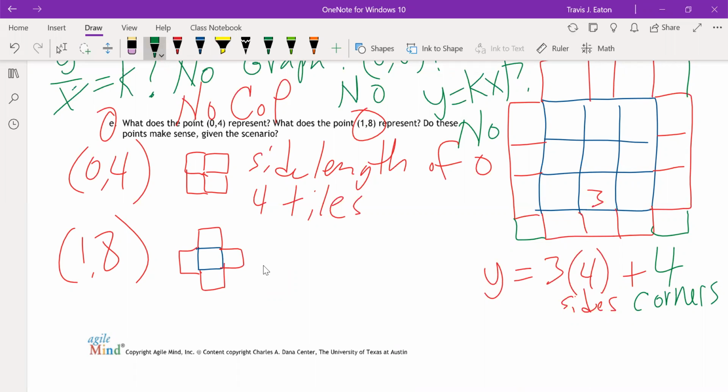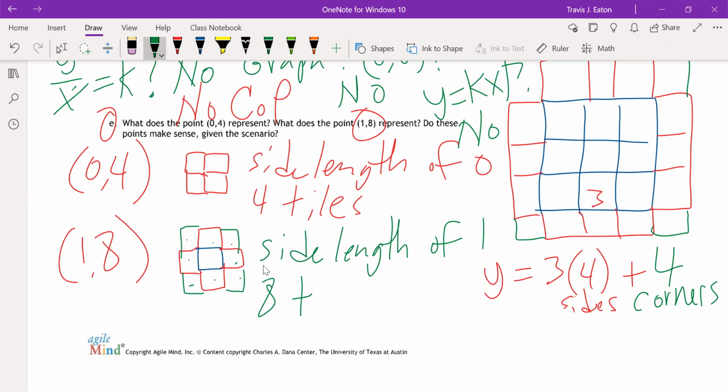And then you would have to have the 4 corner pieces. 1, 2, 3, 4, 5, 6, 7, 8 to surround that. So 1, 8 means that you have a side length of 1, and it would take 8 tiles to surround it.